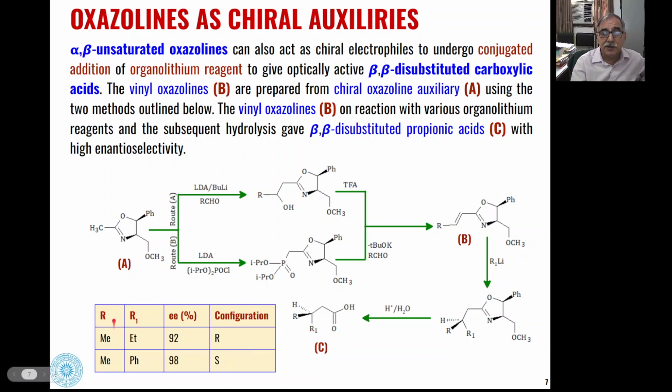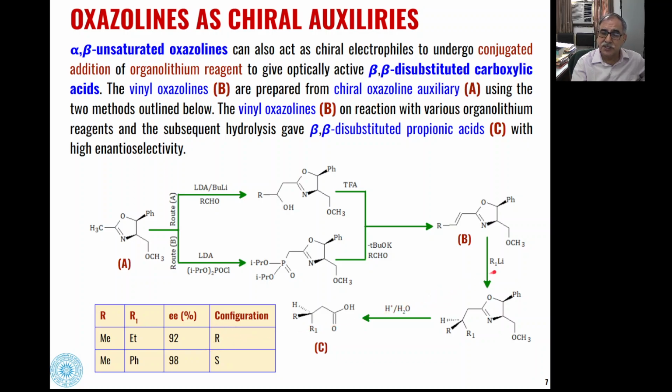And depending upon this R and R1, the enantiomeric excess of the product formation is affected, and the configuration of the product formed is also affected. So if this R is say a methyl group and R1 is an ethyl group, then the R product is formed.